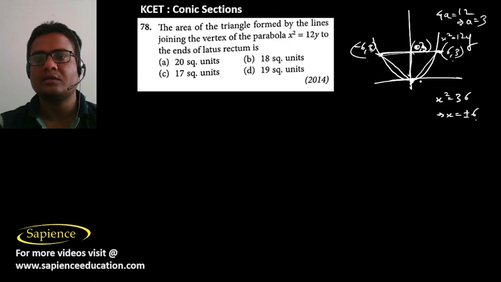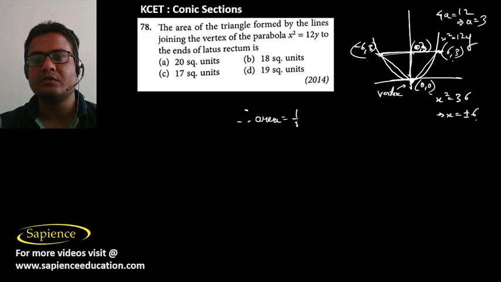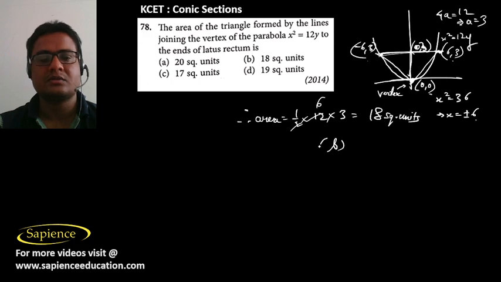And this point is 0 comma 0, which is the vertex. Now the required area of the triangle will be half base into height. The base is 12 units and the height is 3 units. So it is 2 sixes are 12, 6 sixes are 36, so half of that is 18 square units. So option B is the correct answer.